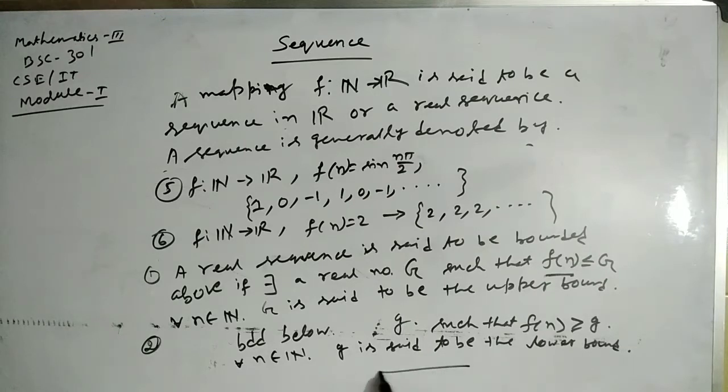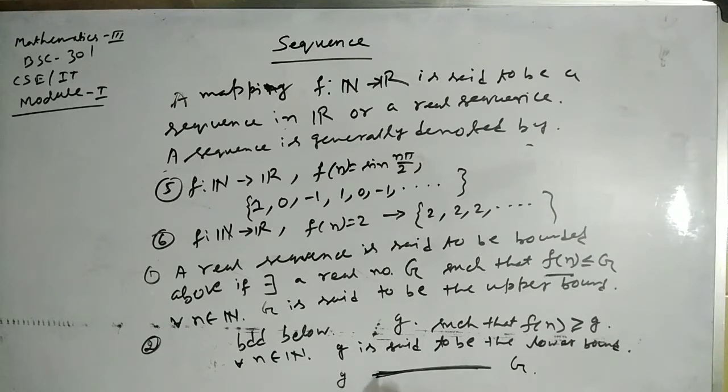These are the elements of the sequence, and this is small g and this is capital G. So all the elements are less than or equal to capital G and greater than or equal to small g. Capital G is the upper bound and small g is the lower bound. If capital G exists, the sequence is called bounded above; if small g exists, it is called bounded below.